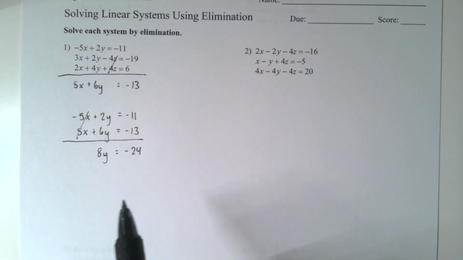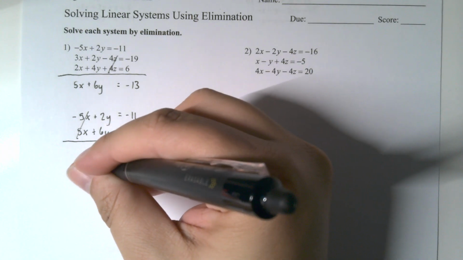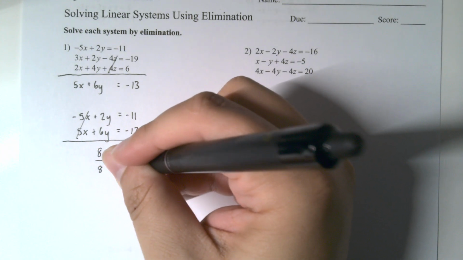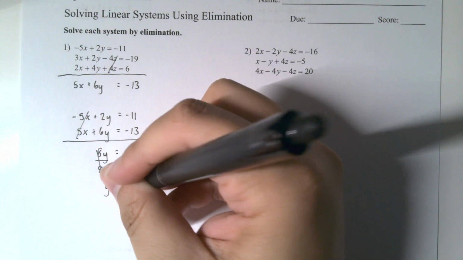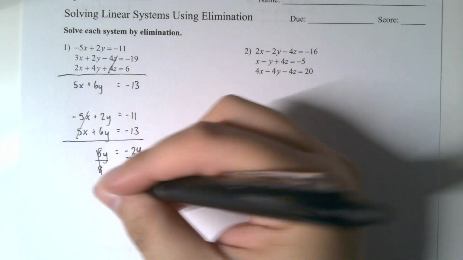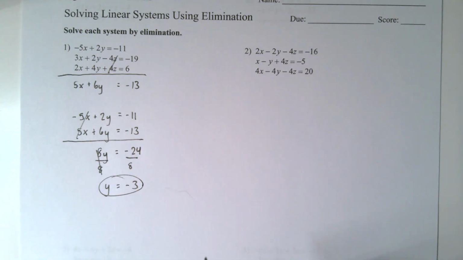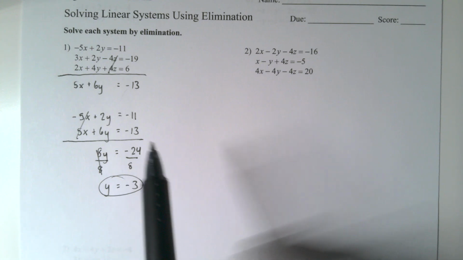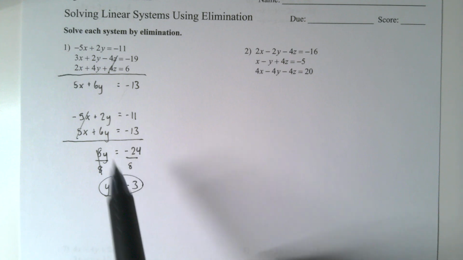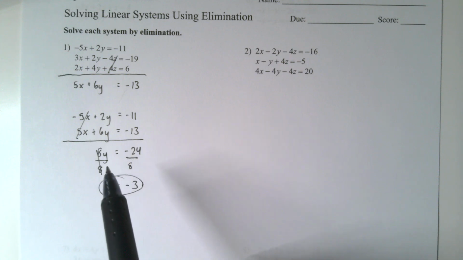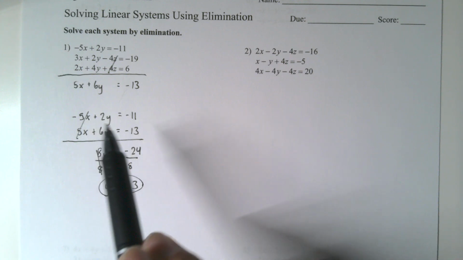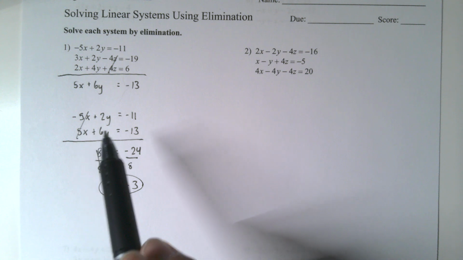Since 8y is equal to negative 24, we can divide by 8 on both sides, and that gives us y is equal to negative 3. So we've already isolated a variable, and now that we know what one of our variables is equal to, we can solve for another one of our variables, in this case x, since we had two equations with just x and y.